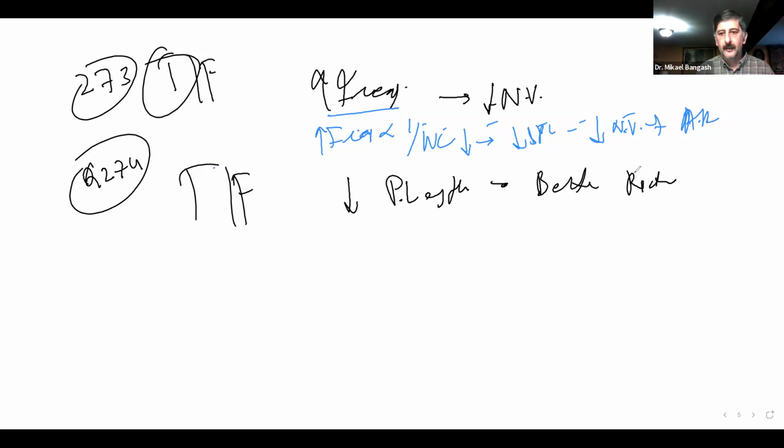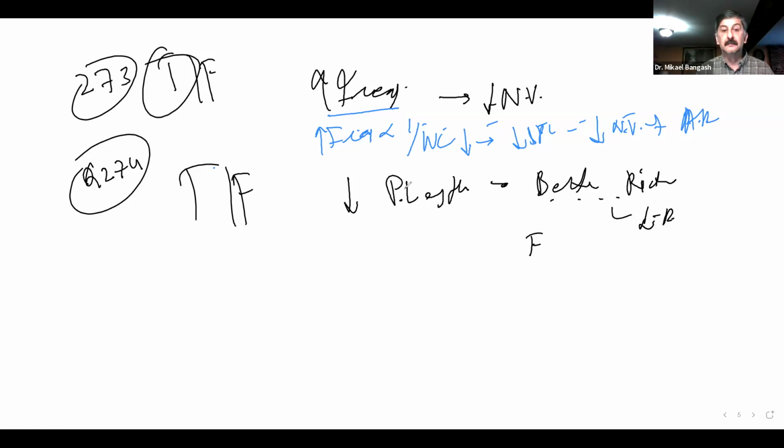Now actually it's not an ideal wording, because what do you mean by a better picture? If I talk in terms of axial resolution, then that'll be false.